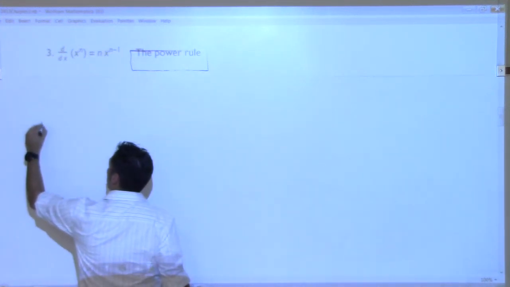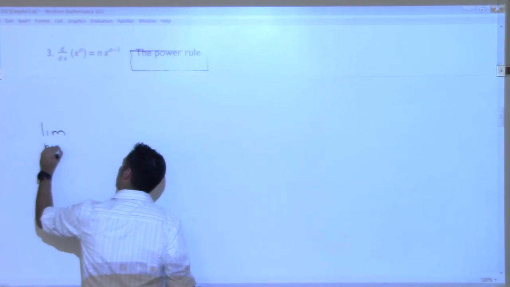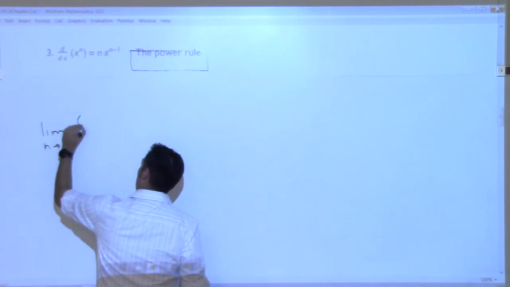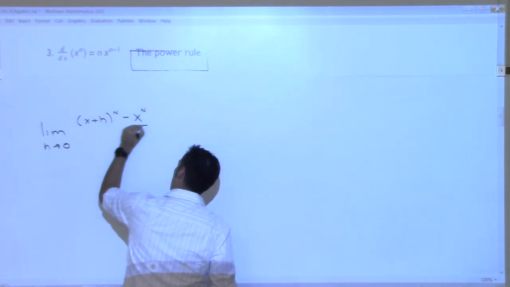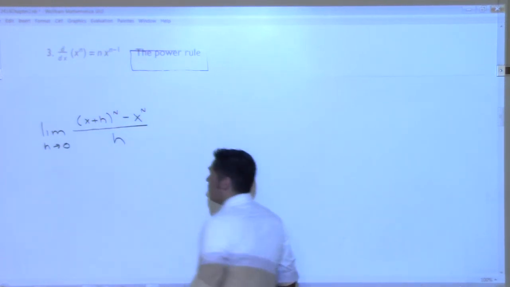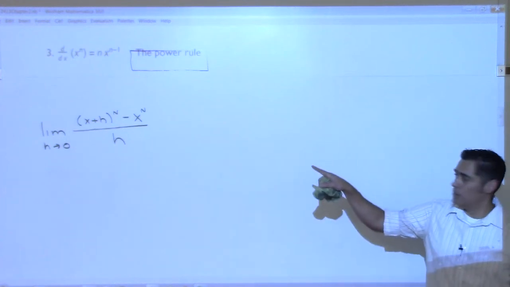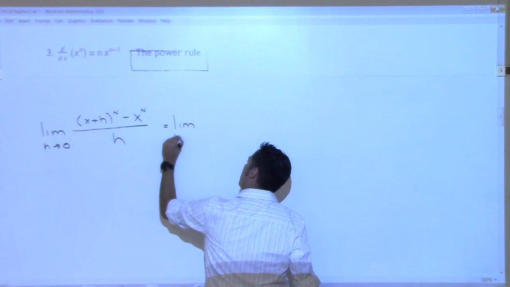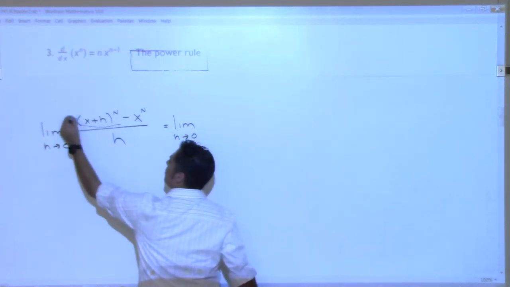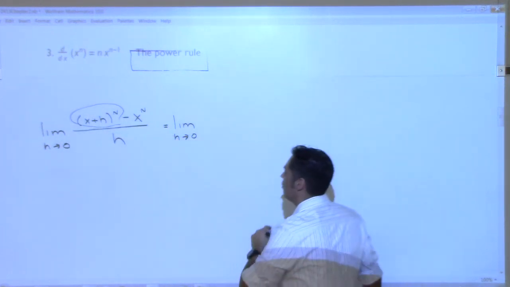All right, here's where we were. Limit, h goes to 0, x plus h to the n minus x to the n all over h, right? And we were really hoping to cancel that h out. So now this becomes limit, h goes to 0, and now I'm going to rewrite this with the formula I just showed you on the board.